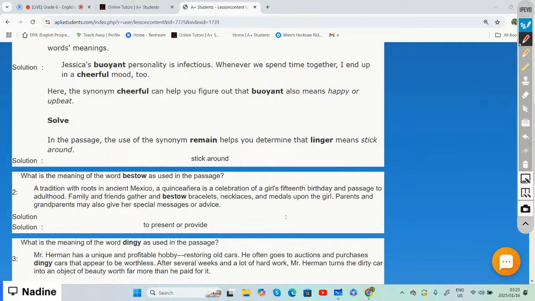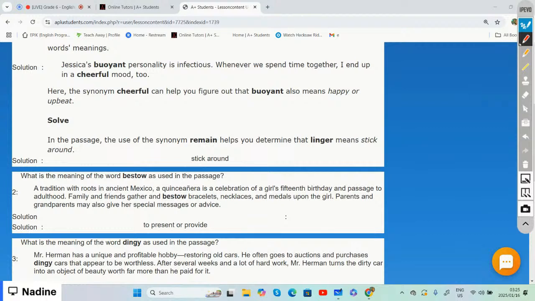A quinceanera. A quinceanera is a celebration of a girl's 15th birthday and passage to adulthood. Family and friends gather and bestow bracelets, necklaces, and medals upon the girl.